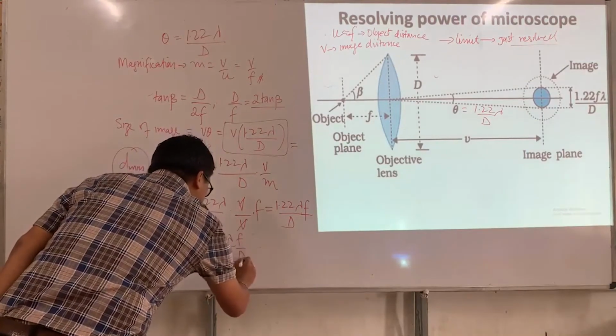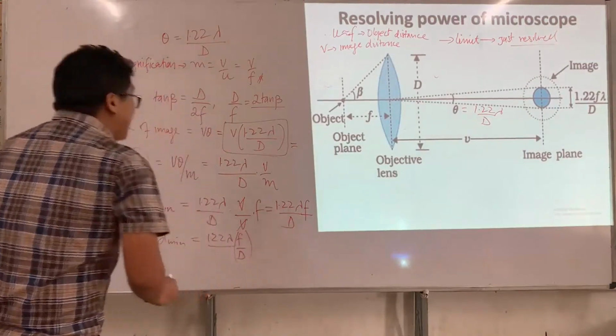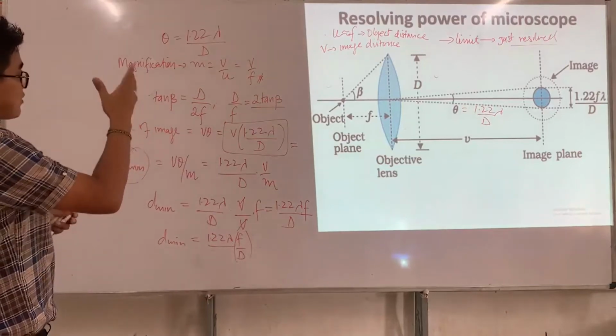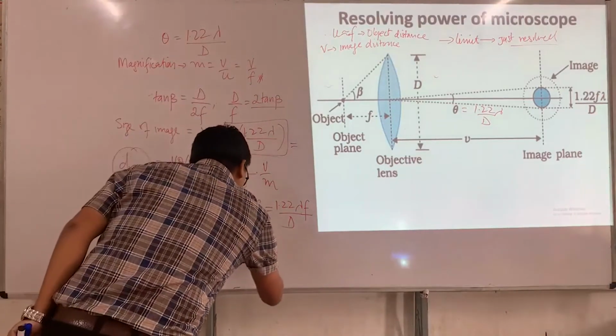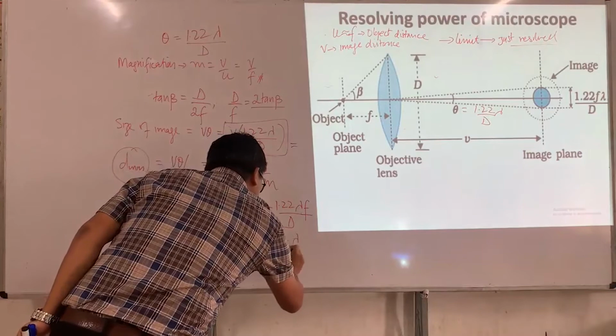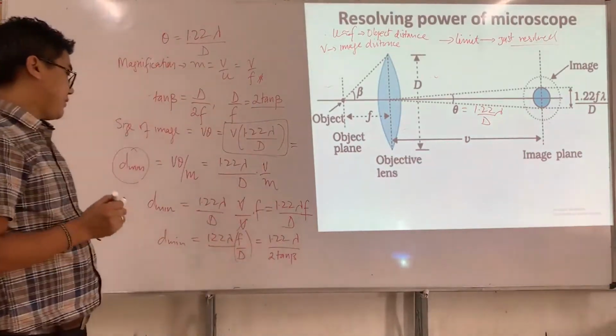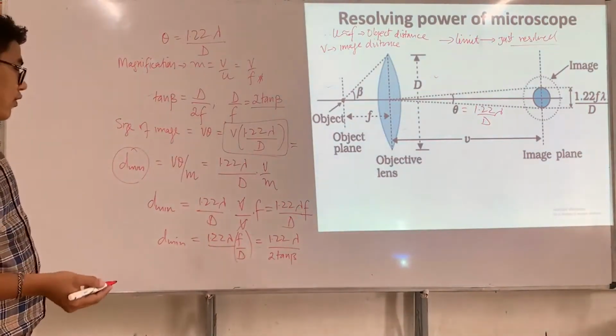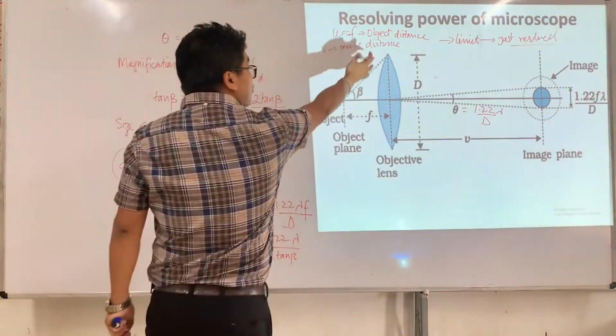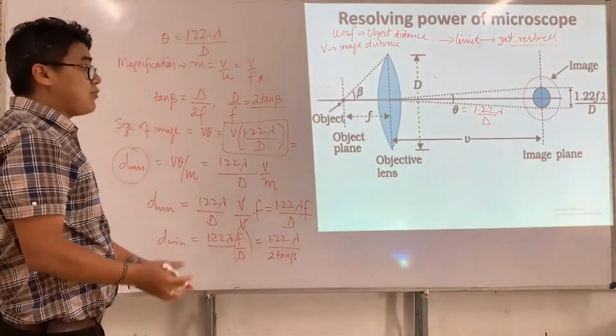What is f by d? f by d is 1 by 2 tan beta. Beta is very small. Normally we choose this objective lens very small.